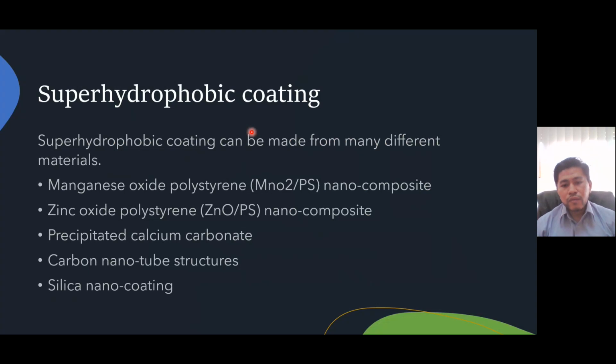And as we can see, super hydrophobic coatings have many applications in various industries. For example, in anti-fog coatings, we can also use them for antifreeze surfaces, oil and water separation, to create antibacterial surfaces. And also we can apply super hydrophobic coatings in medical applications.